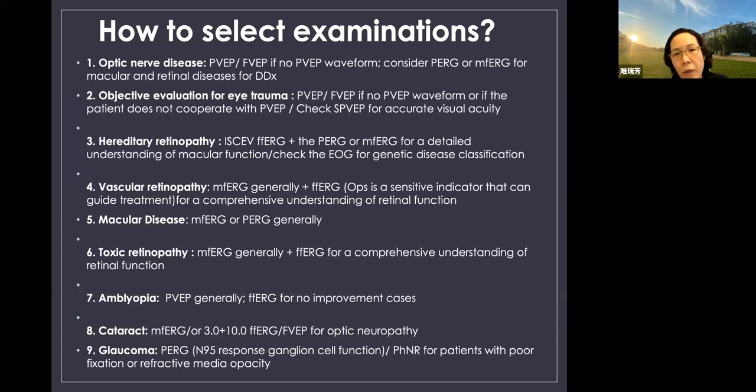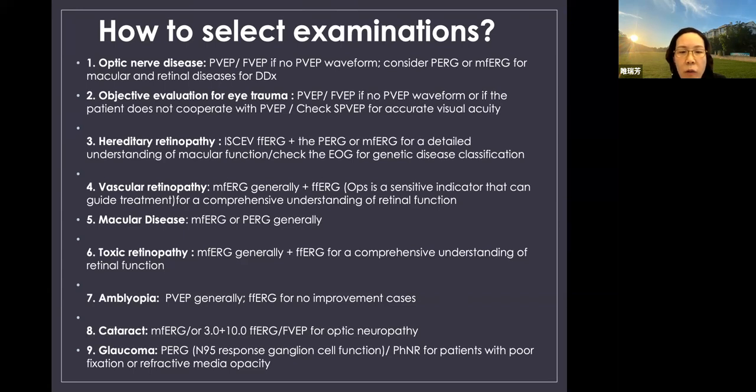For example, if the patient has a macular disorder, we also may not have a normal pattern VEP. So usually if we do not have a confirmed diagnosis based on pattern VEP or flash VEP, we order a pattern ERG or multifocal ERG to exclude any retinal and macular disorder.